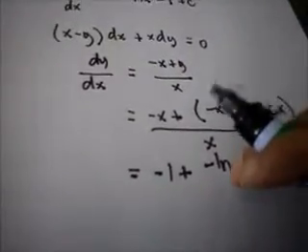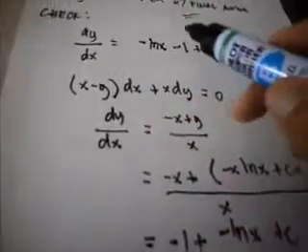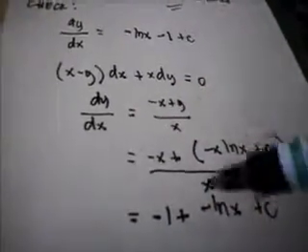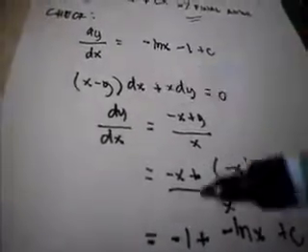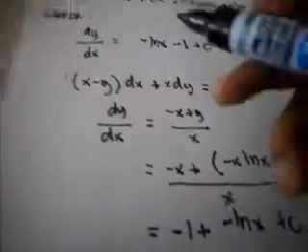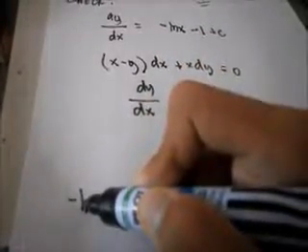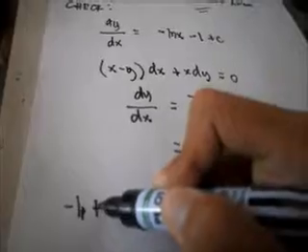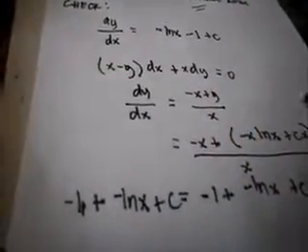And the value of our dy dx here is just the same as the value of our dy dx here, right? So we have now an identity: negative 1 plus negative ln of x plus c.